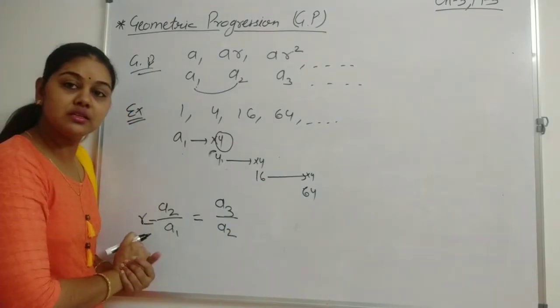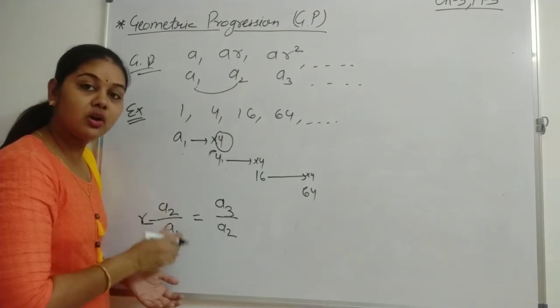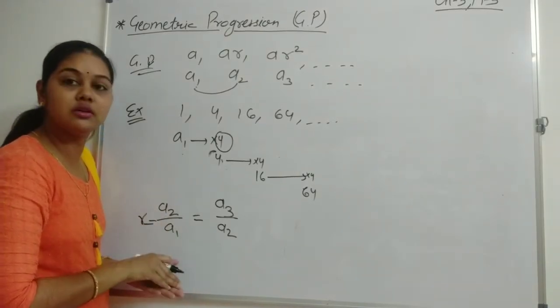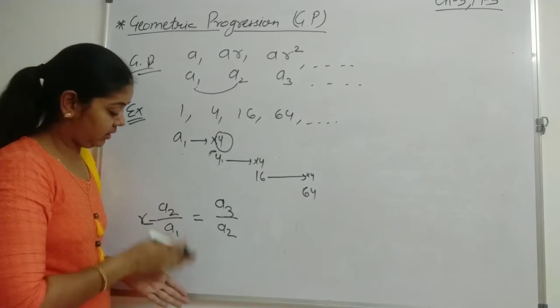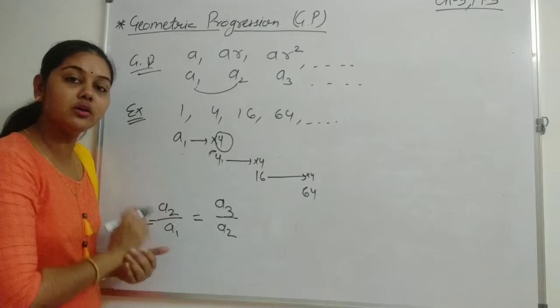This is denoted as r. r is called the common ratio because it is the ratio of a term and its previous term.